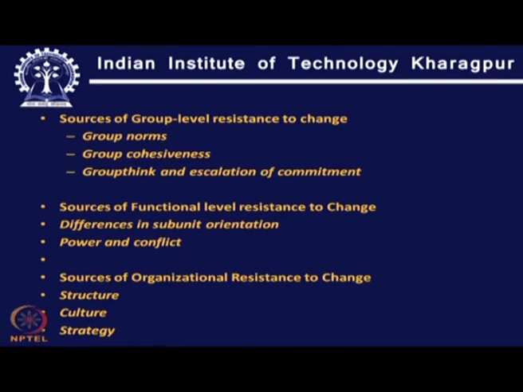And sources of organizational resistance to change are the structure, culture and strategy of the organization, like a mechanistic structure, a very rigid culture, a bureaucratic organization in nature, or a strategy taken by the organization which is too rigid with little flexibility. All these things will define the organization's sources of resistance to change.